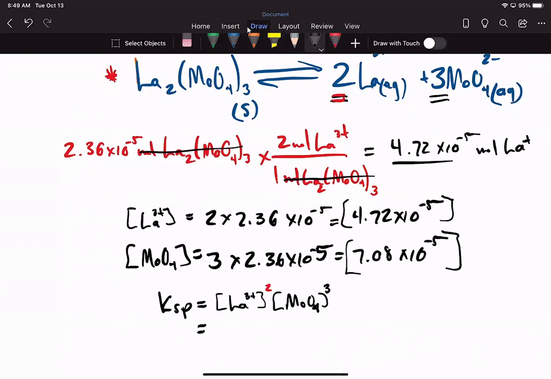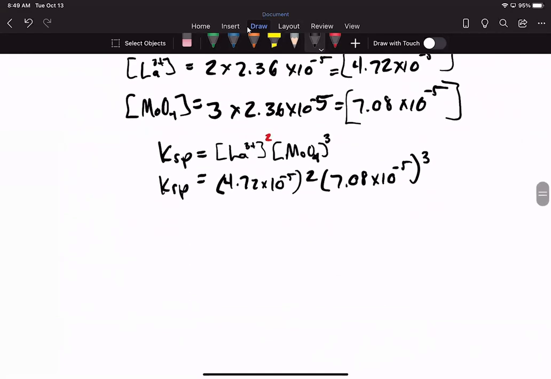Now let's put those values in: 4.72 times 10 to the minus 5 squared times 7.08 times 10 to the minus 5 to the third. And that is our Ksp. So our Ksp is equal to what? It's going to be a really tiny number.